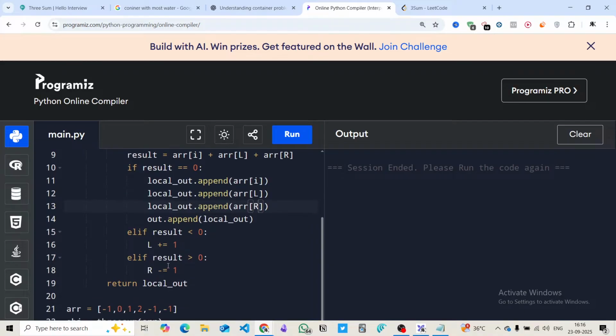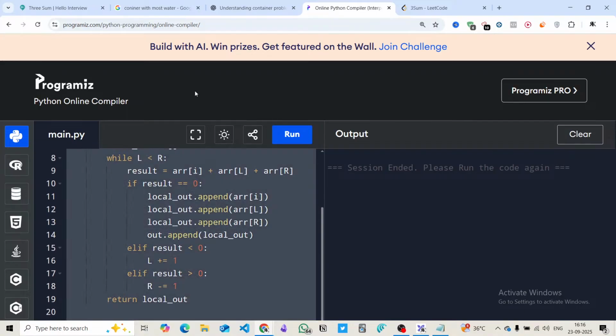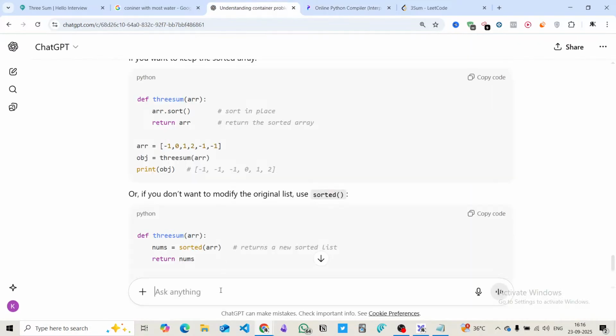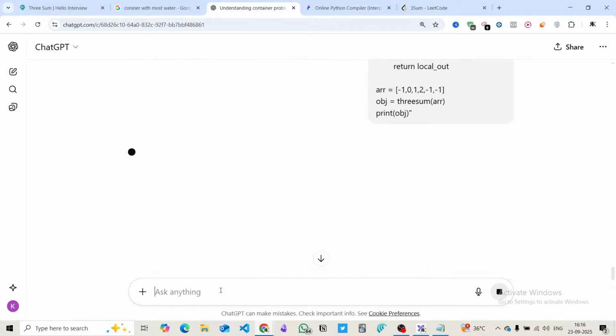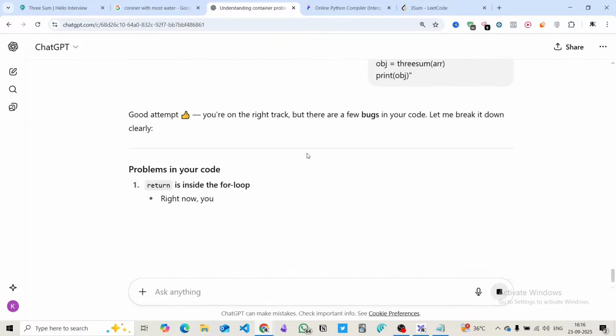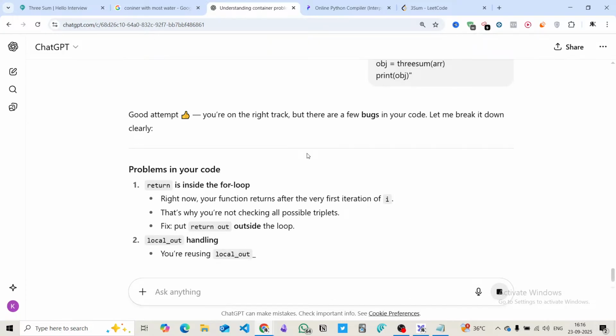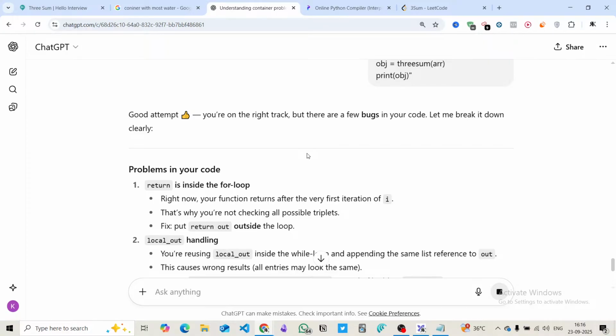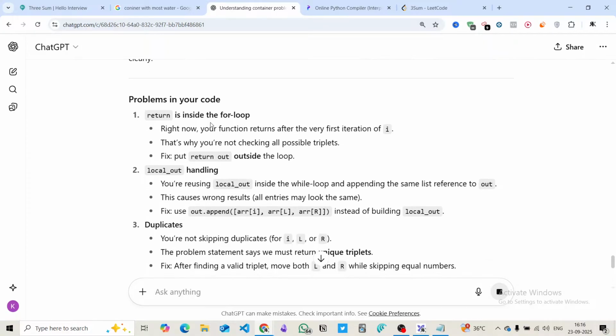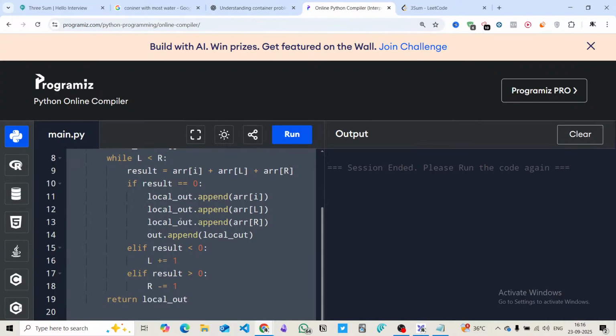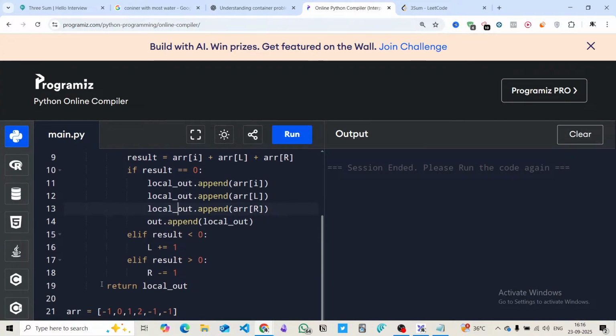It doesn't return anything. You just try to use GPT to debug this. So I think the return is also the problem. Yeah, sure.